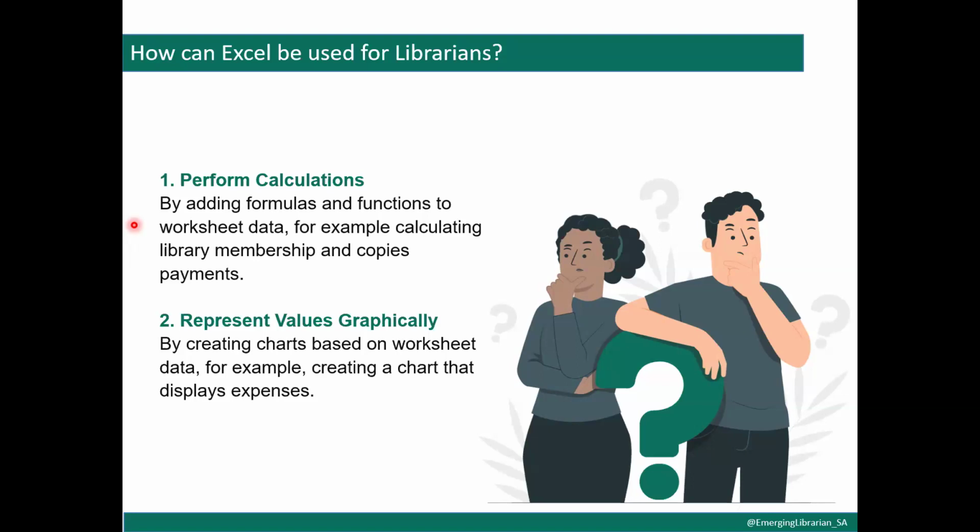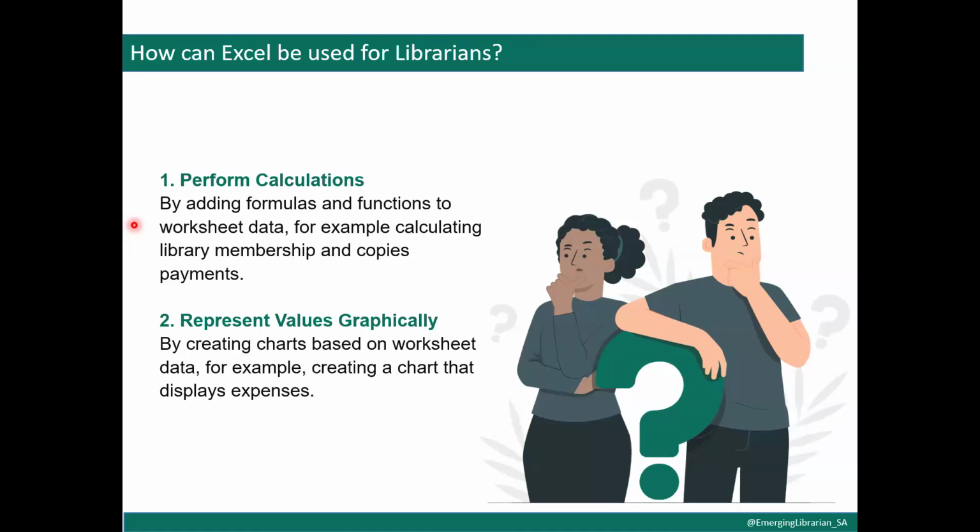We use Microsoft Excel to perform calculations by adding formulas and functions to worksheet data. For example, calculating library membership and copies payments. Remember, in most community libraries, we are charging our members the library fines, we are charging them the copy fines.